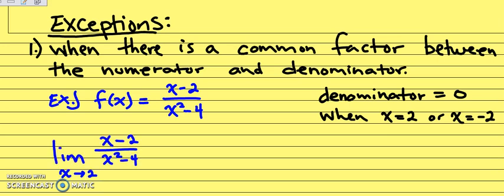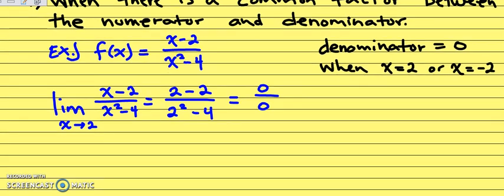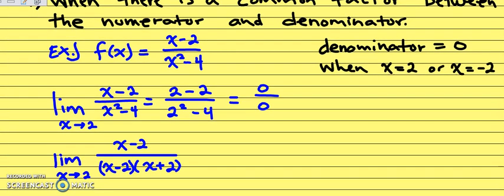First things first, we want to check direct substitution, and obviously we get the indeterminate form, so we move on and simplify. You can factor the denominator to x minus 2 times x plus 2, and then simplify x minus 2.